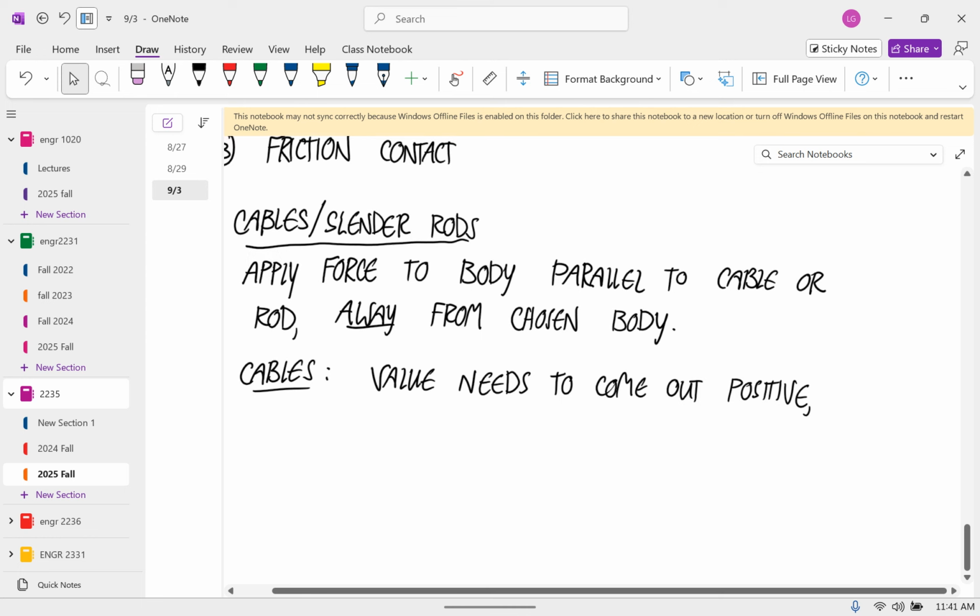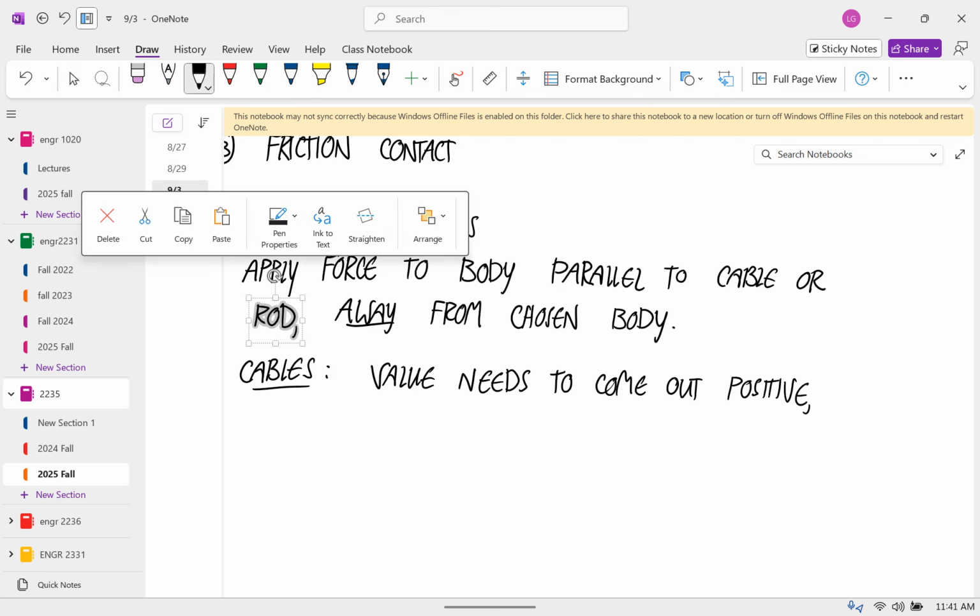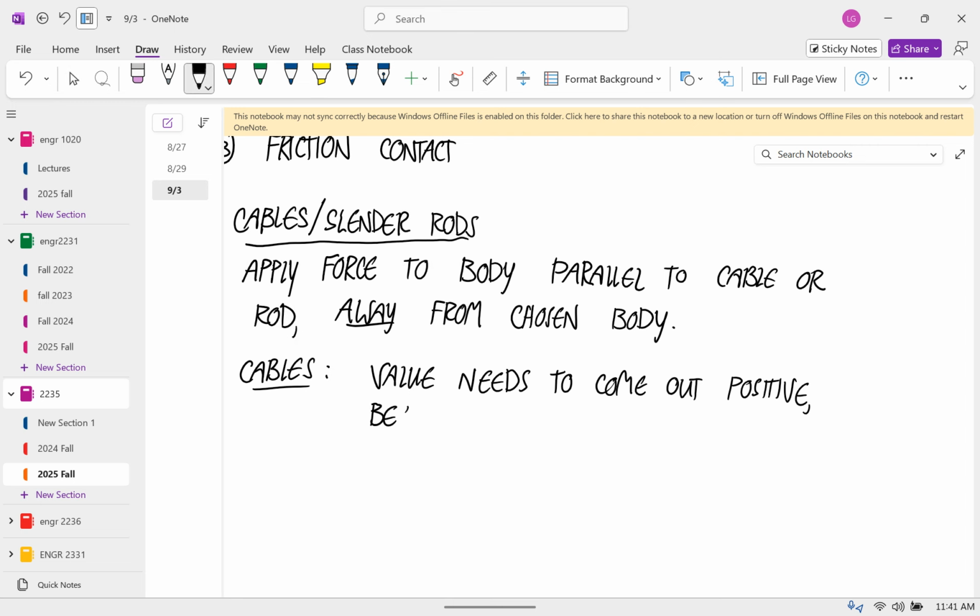And the reason for that is we're assuming that this cable is in tension, and cables only can support tension. You know, you can't use a string to push on something. Okay. So this is because cables only support tension.